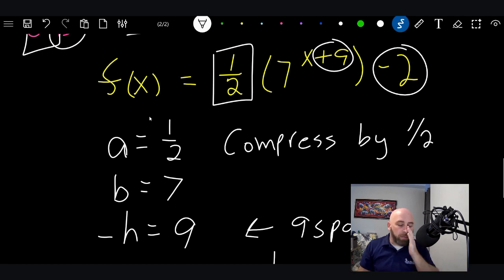So if you remember this from the section on the quadratics, depending on how much you're multiplying by, it's going to either stretch it by 3, 4, 5, the bigger the number, the more the stretch, or it's going to compress it more. So this is a 1/2 compression, and as we're graphing, we would adjust our graph based on that compression. Okay? And so that's how you do that.